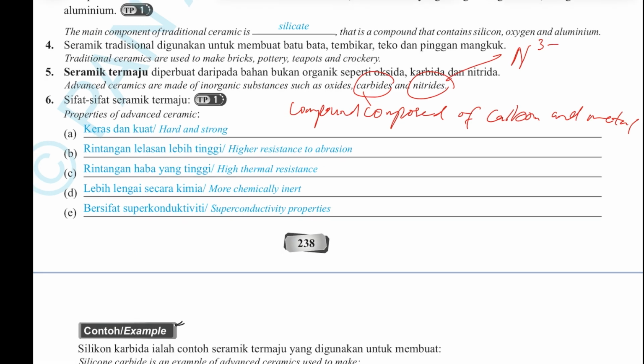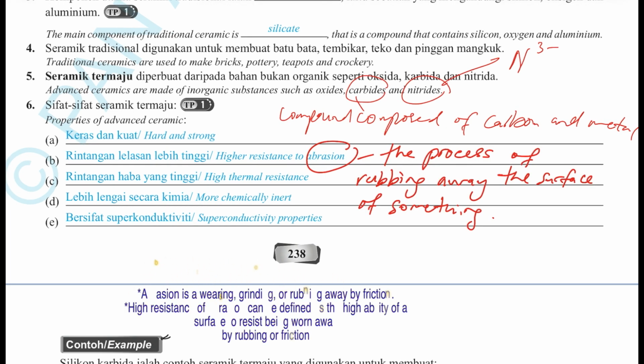Okay, properties of advanced ceramic: hard and strong, high resistant to abrasion. Jadi advanced ceramic ni resistant to abrasion, mempunyai retangan terhadap lelasan. Maksudnya dia susah untuk menjadi licin lah, disebabkan oleh proses lelasan. Susah untuk menjadi licin.